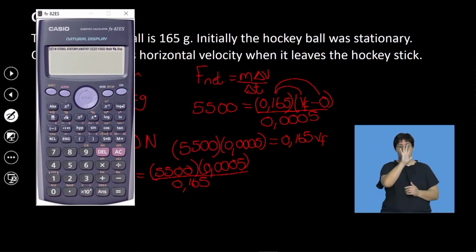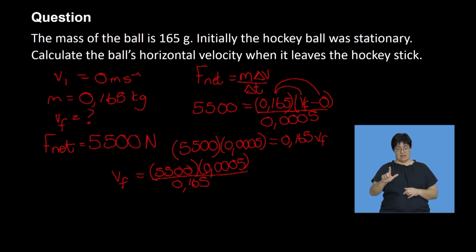So we've got 5,500 times by 0.0005. I push equals. Now I'm going to divide that by 0.165. Fraction answer, what have I said to you? You can't leave it as a fraction, so we're going to turn it into a decimal, and we get 16,67.